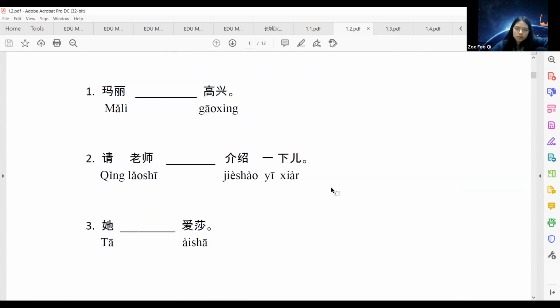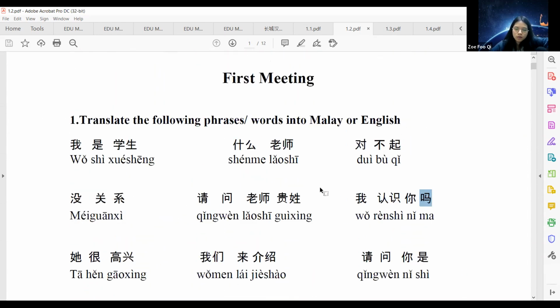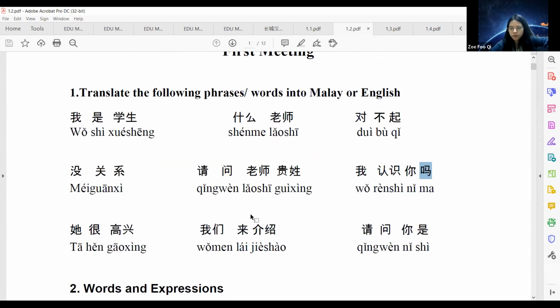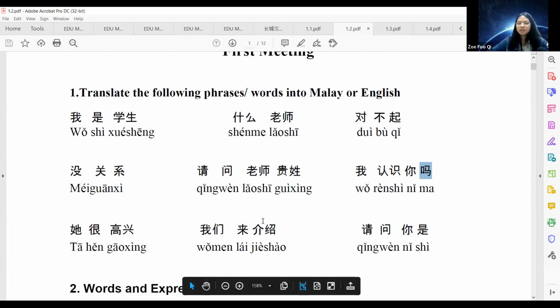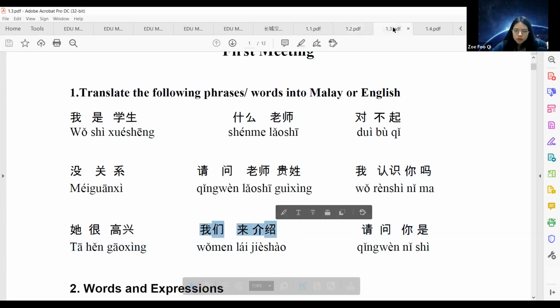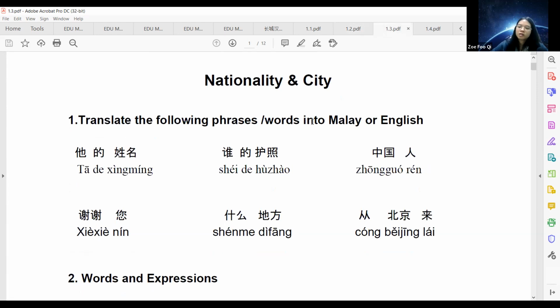So this one is the thing that we need to know. Okay, and then this one is 我们来介绍. So let us introduce. And then for this one is nationality and city. If you still remember, 他的姓名, 姓 is the surname, 名 is the 名字, which is the name.